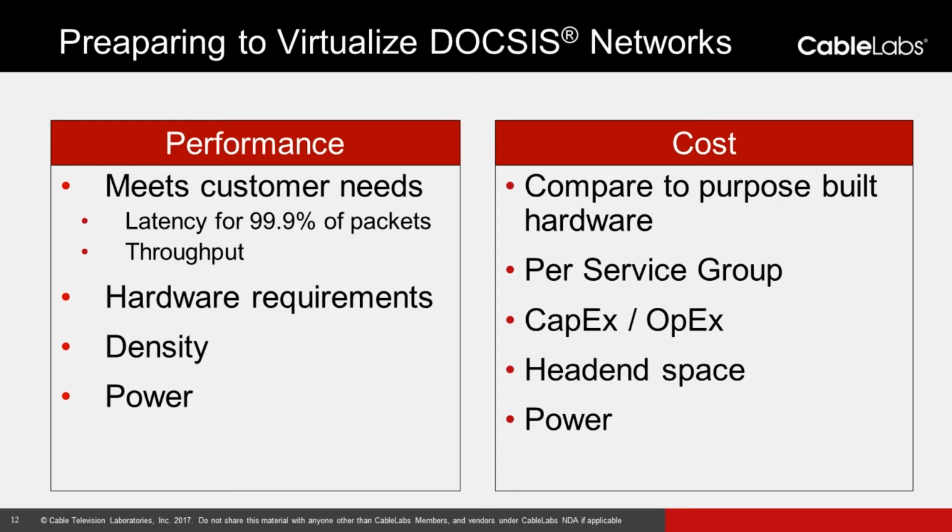And then also looking at what are the hardware requirements, density, power, utilization, so kind of power per gigabit. Just kind of why that's on the performance side as well as the cost. So we're saying, can we do this in the same or better density than a traditional CCAP core?